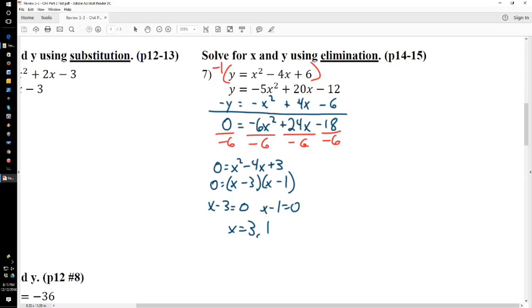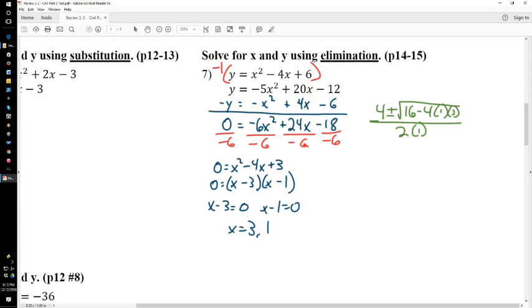You simply would have just plugged them in: -4 would be a positive 4, plus or minus the square root of 4 squared, which is 16, minus 4 times a, which is 1, times c, which is 3, all over 2 times a, which again is 1. And when you reduced all of that down, you would have again gotten the exact same thing that we did over here. So like I said, it doesn't matter which way you go, you will get the same answer.